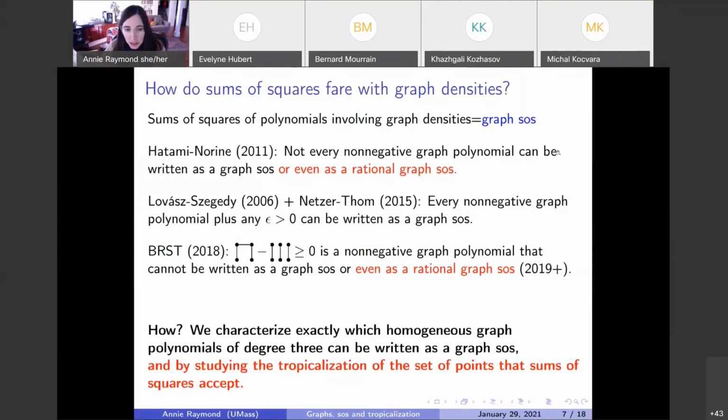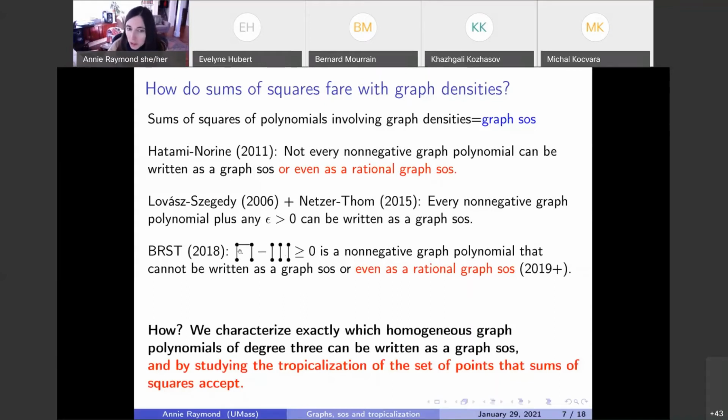So do you mean rational coefficients in the polynomial or in the actual sum of squares? In the polynomial and the sum of squares. So in the polynomial, it doesn't matter. For example, I could put any non-negative coefficient in front of my homomorphism density of my path of length 3, and that would still not be a graph sum of squares or a rational graph sum of squares.